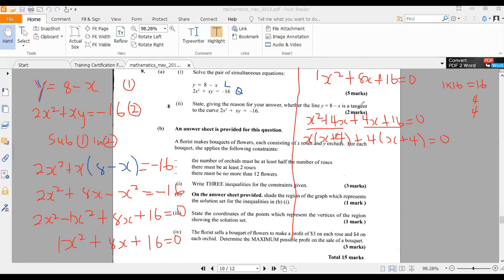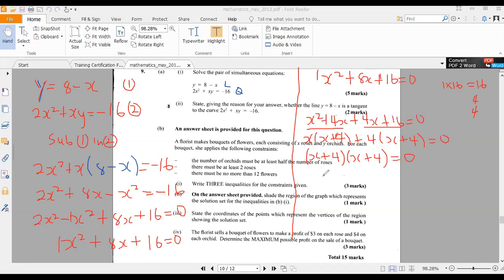Then you factorize the first two and the last two. When you factorize the first, you get x bracket x plus 4. And when you factorize the next, you get 4 bracket x plus 4. So here now we are going to get x plus 4, then another x plus 4, is equal to 0.